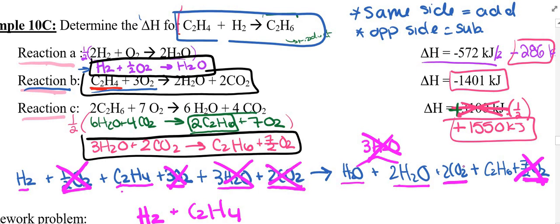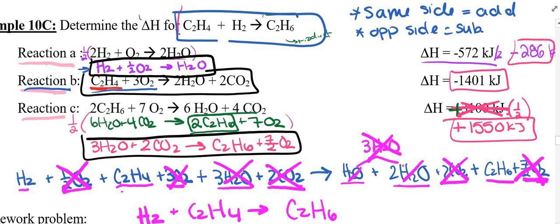All right, opposite sides cancel out. Okay, we already canceled these waters out. The only thing that's not canceled out is C2H6. Perfect. That is our exact reaction up there. Okay, hydrogen and C2H4 is going to create C2H6.